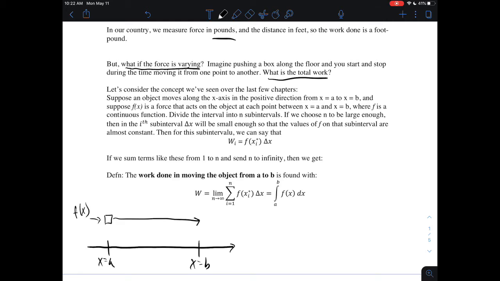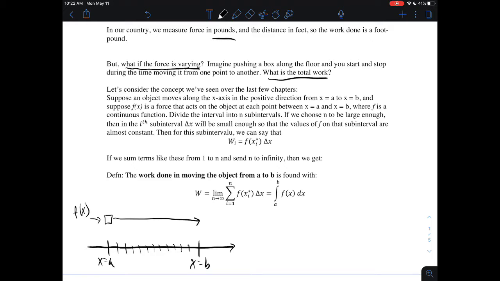So to figure out something related to work that would be total over this whole distance, we're going to divide up this interval into n subintervals. So it's like we're just cutting up our whole interval from A to B into n subintervals.